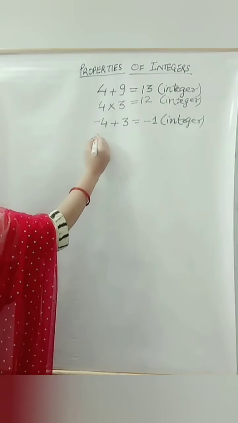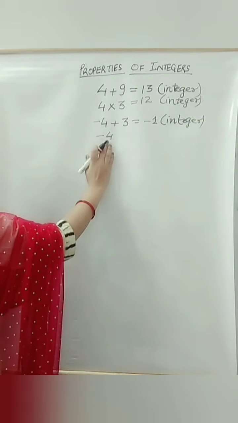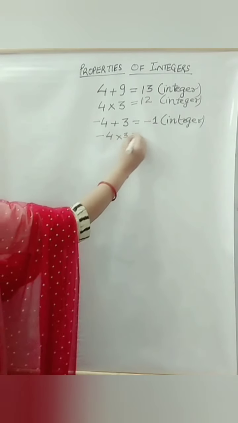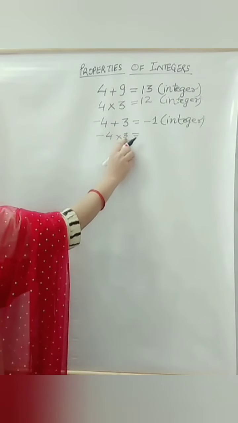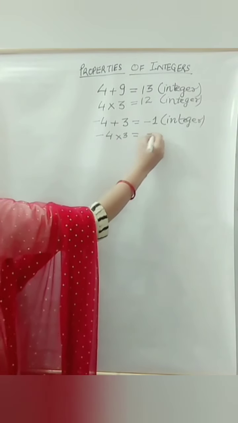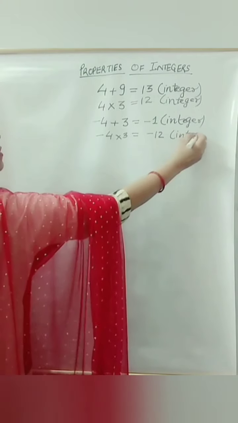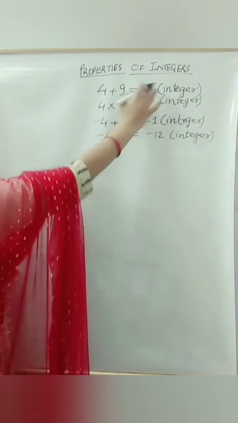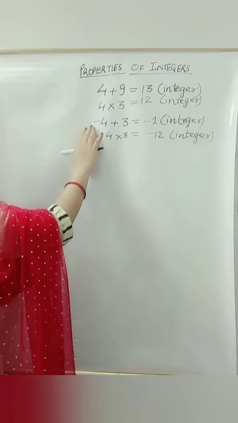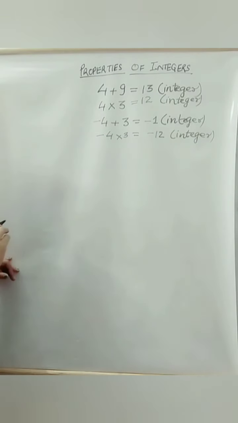Okay. Now let me multiply. If we are going to multiply negative 4 into 3, one is negative, another is positive, opposite sign integers, we will get negative 12. This is also an integer. While the sign was same, we are getting an integer. While the signs were different, we are also getting an integer.